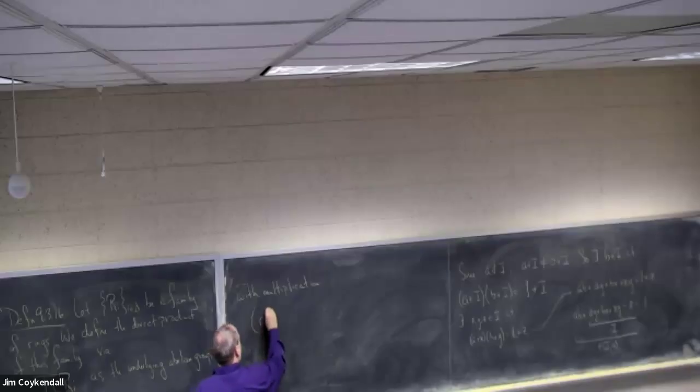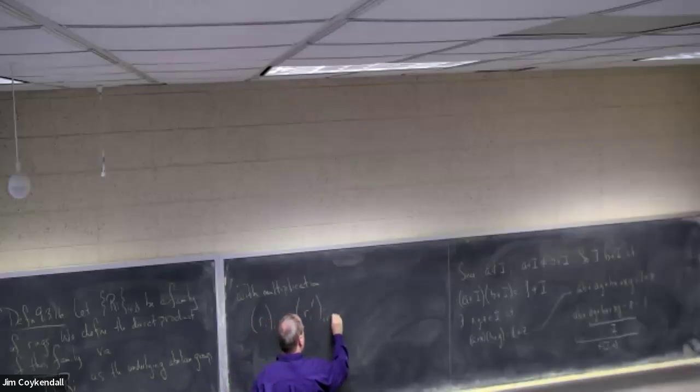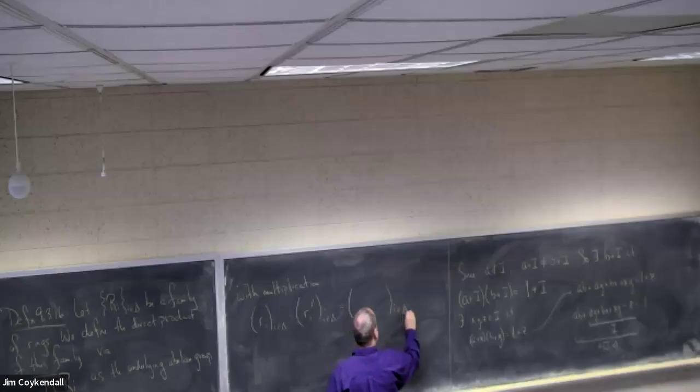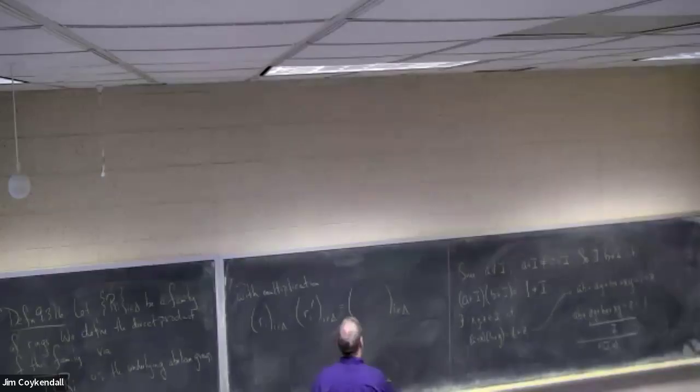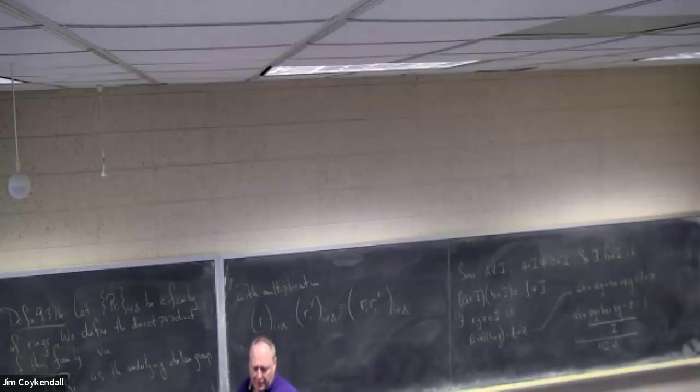If you multiply two elements of the direct product, so two of these nets, you just do it component-wise, the easiest way possible.